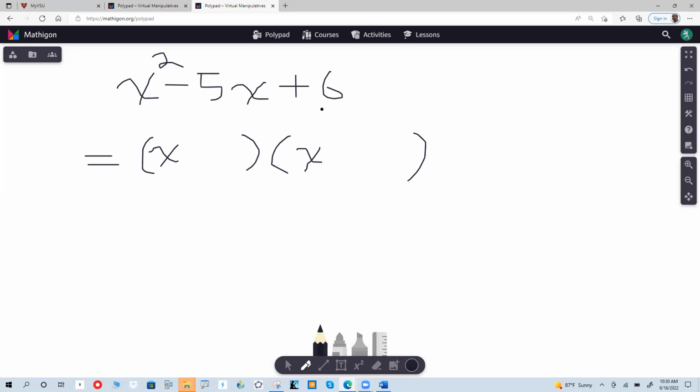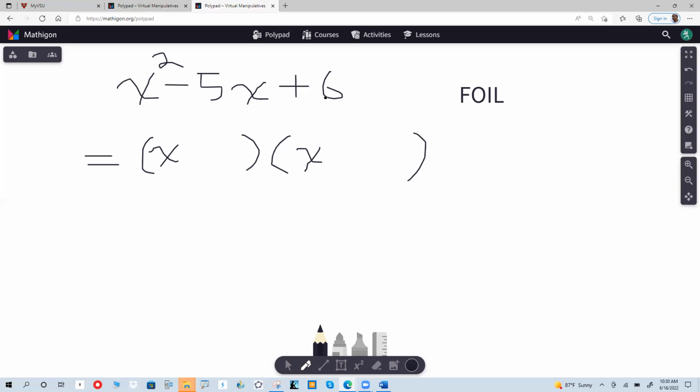I know the last terms of FOIL are kind of important. The last terms of FOIL will give me 6. Okay, so I do know 6 can happen as 1 times 6 or 2 times 3.